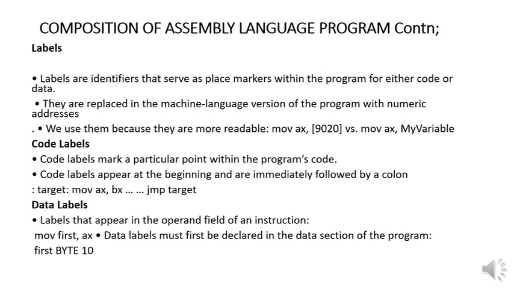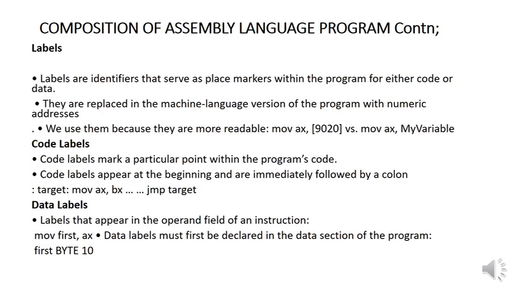They are replaced in the machine language version of the program with numeric addresses. We use them because they are more readable. For example, move AX, the address in brackets, versus move AX, my variable.